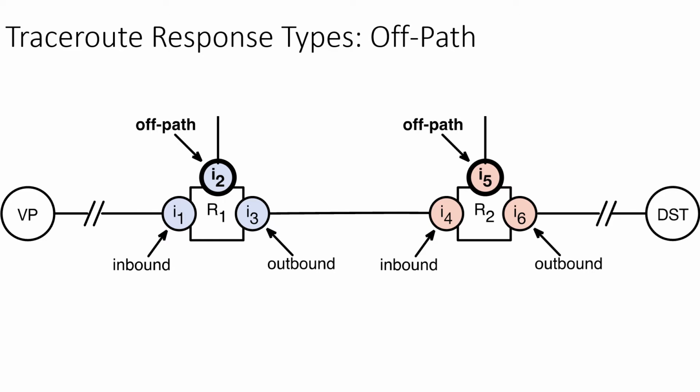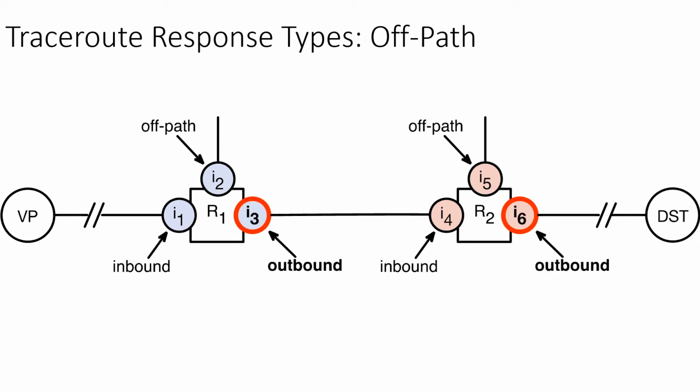When this is different than the inbound address, the reported address is considered off-path, since the probe packet does not traverse that interface. And lots of work seem to assume that the inbound and off-path replies account for all of the responses to traceroute probes. What we showed in the paper is that there's actually a third type of response that we call the outbound address.